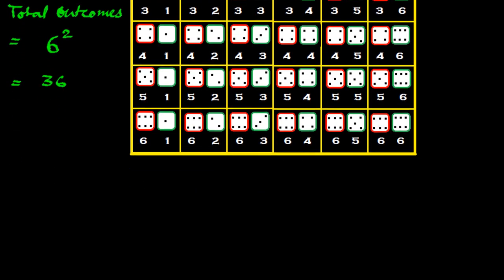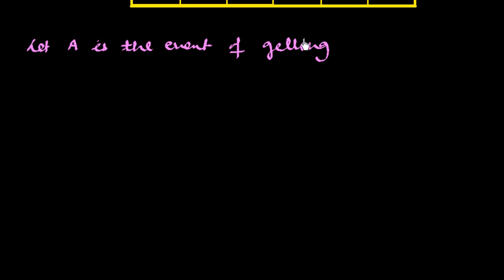So look here, we start. Let A be the event of getting sum 9. We need 9.